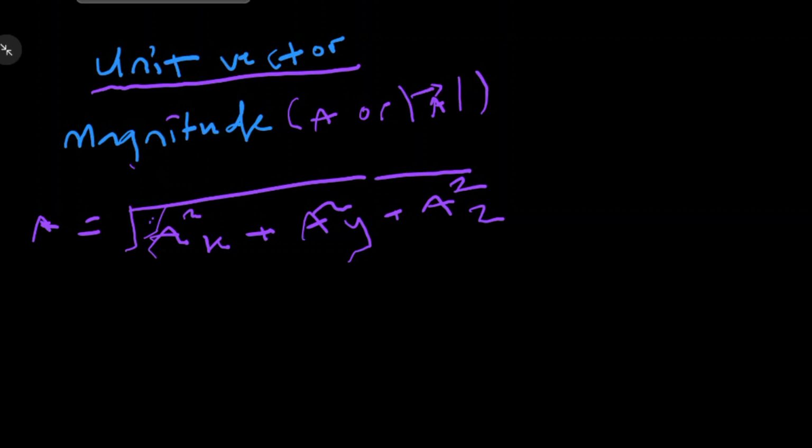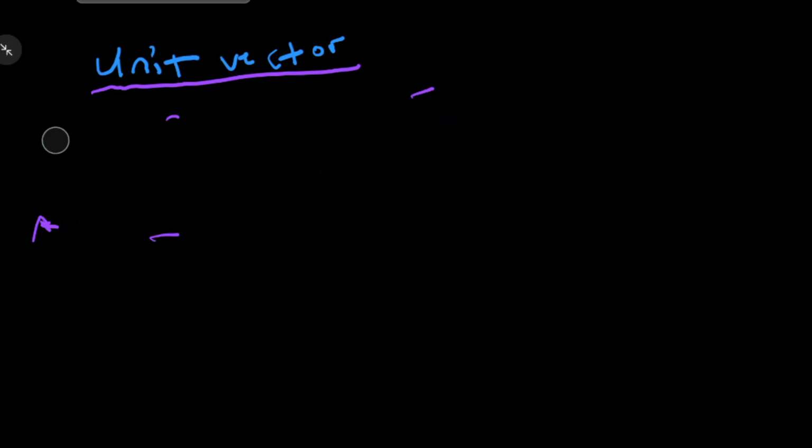Alright. So a unit vector. A unit vector along a vector is defined as the vector itself divided by its magnitude.